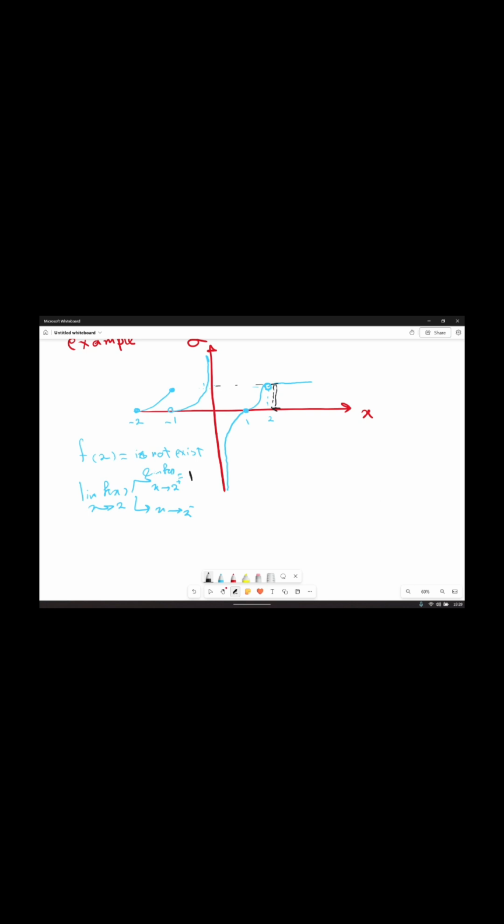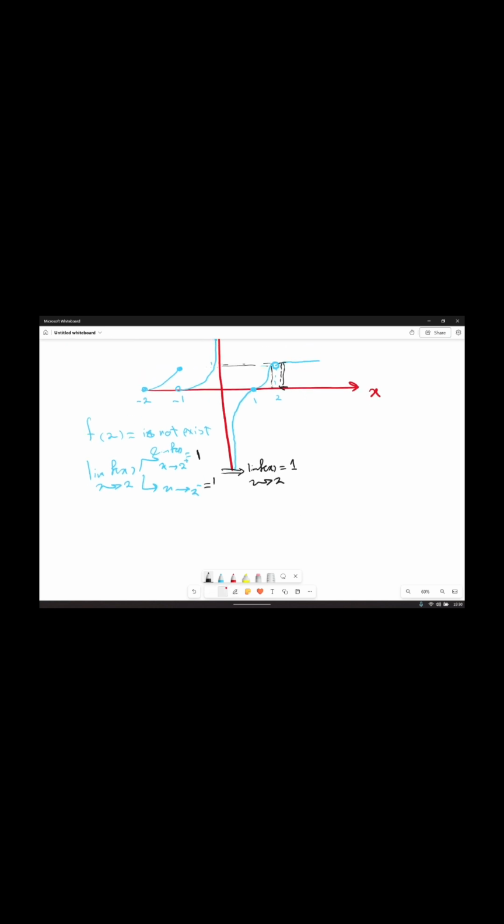Therefore, the right side is 1 and the left side is exactly the same. Therefore it is 1, and totally this limit is 1.